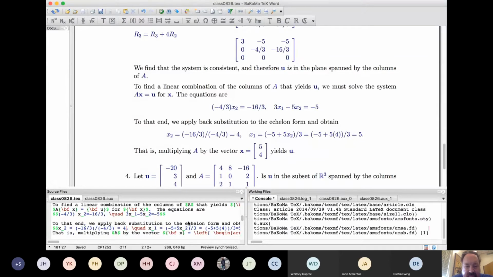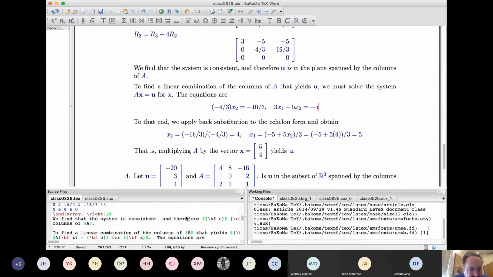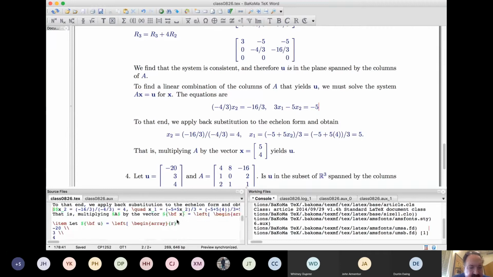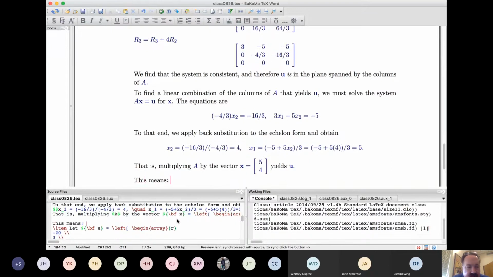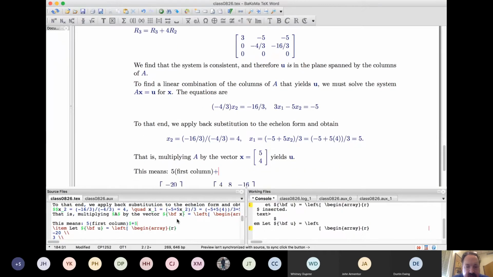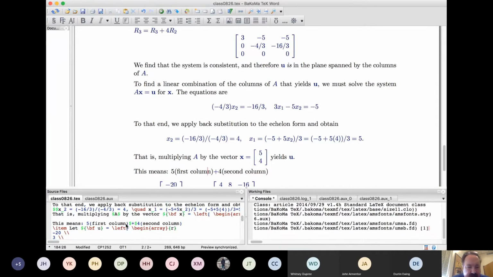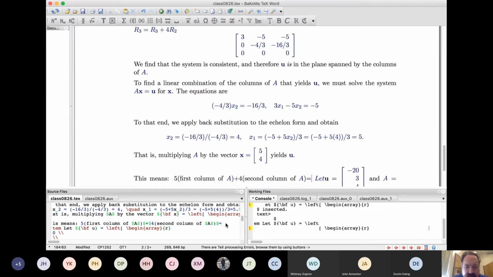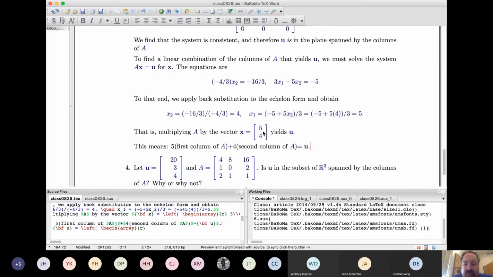So what we have found is 5 times the first column plus 4 times the second column, and these are the first and second columns of A, is equal to U, because that's how a matrix vector product works.